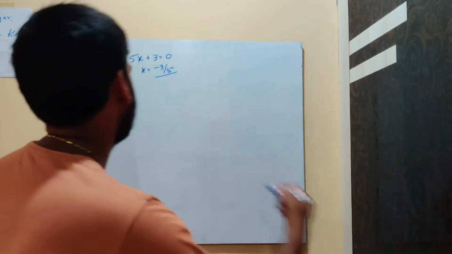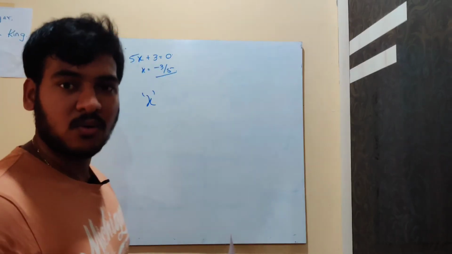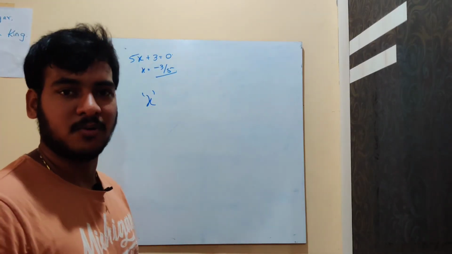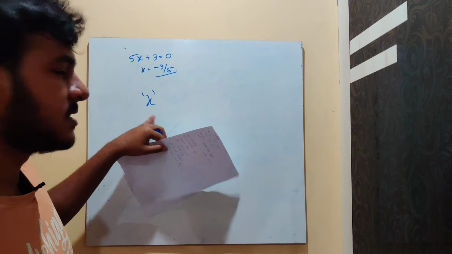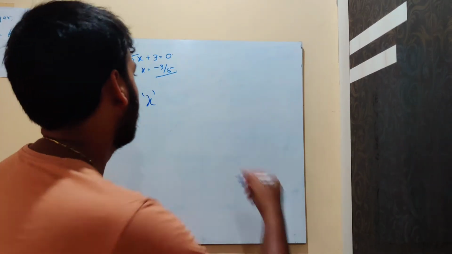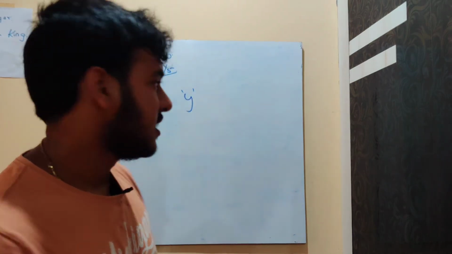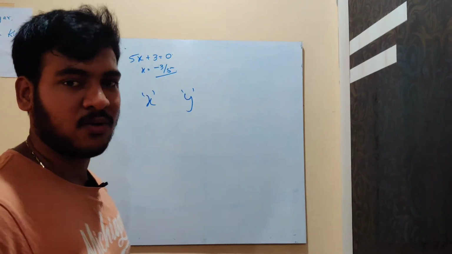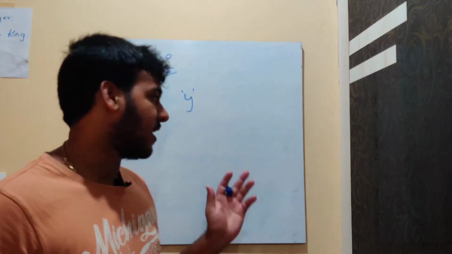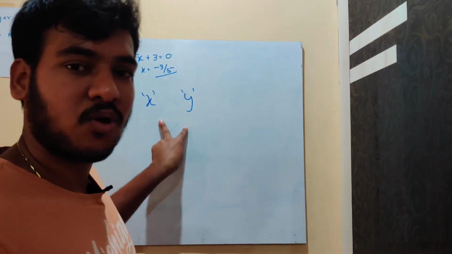So here x is the cost of a book. I don't know what exactly is the cost of a book, so that is why I take this as a variable, and let y be the cost of the pen. Even in this case, I don't know the exact value of y, so I take this as a variable. So we have two variables over here.